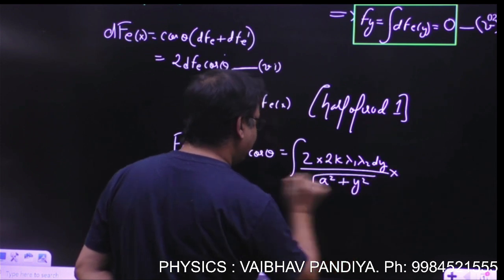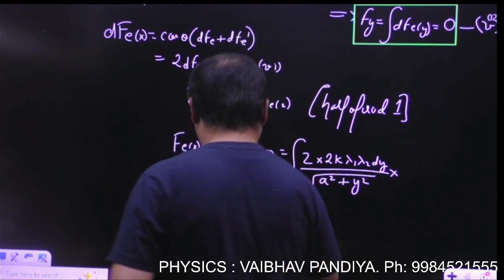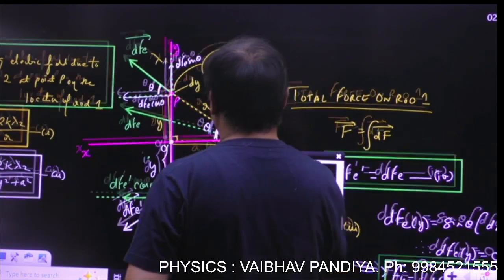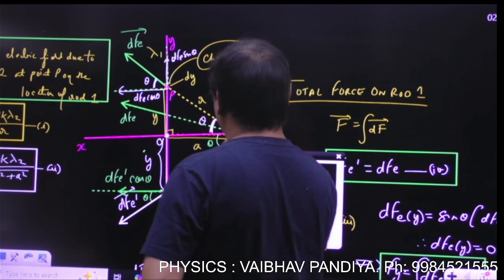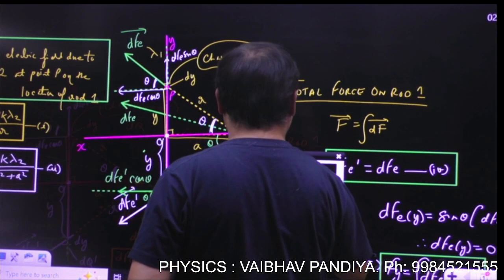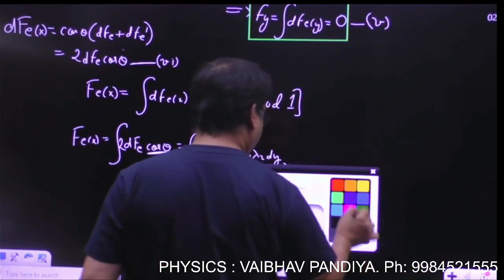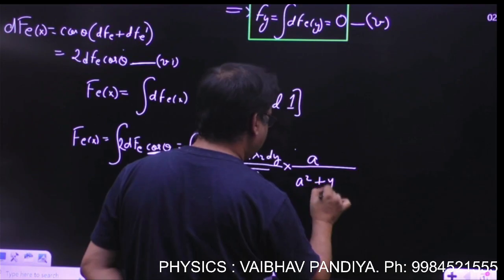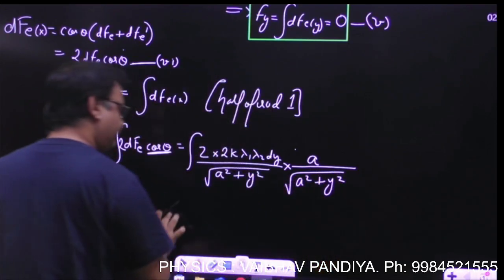Now put the value of cos theta. If you see the right angle triangle, what is cos theta? Base upon hypotenuse, that is a divided by r, and r is the square root of a square plus y square.